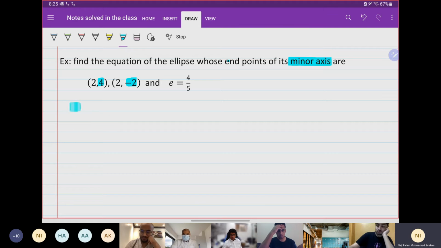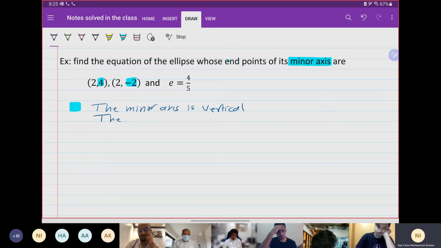Values of Y. So the minor axis is vertical, so the ellipse is horizontal.